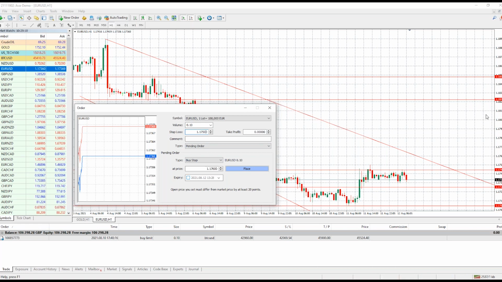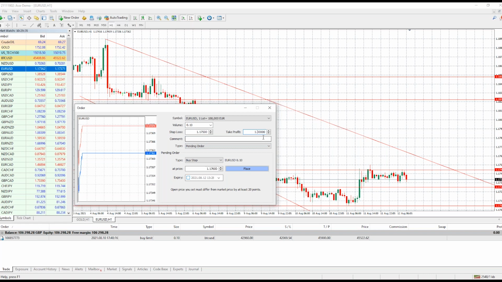So let's say, without being too greedy, just before 1.18. Okay, so 1.18, usually round numbers create resistance. So if it hits $1.18 even, you could find some resistance there maybe. And that's close to the technical resistance level as well. So let's say 1.1798, something like that for the take profit.